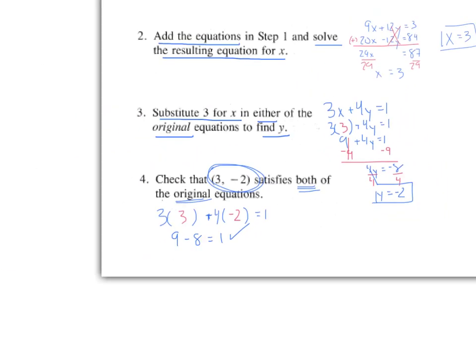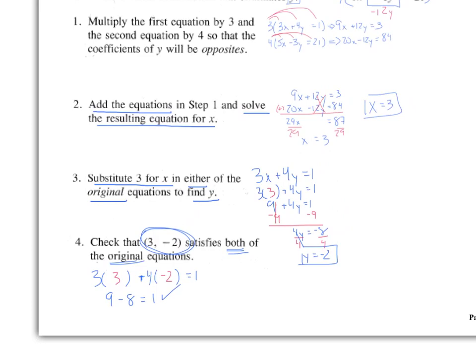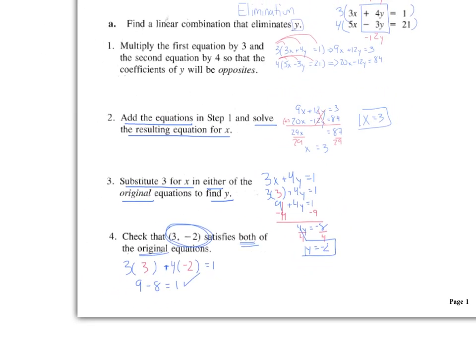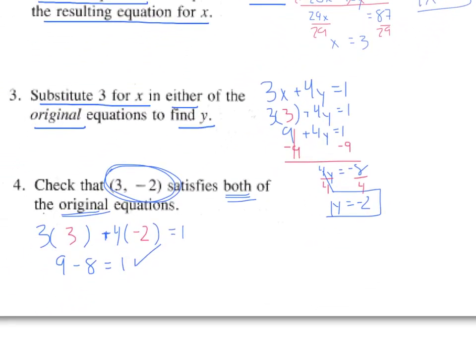Now, what's the other equation? The other equation is 5x minus 3y equals 21. So we have 5 times x, and x is 3, minus 3 times y, and y is negative 2, equals 21. And I get 15 plus 6 equals 21, and that checks out.